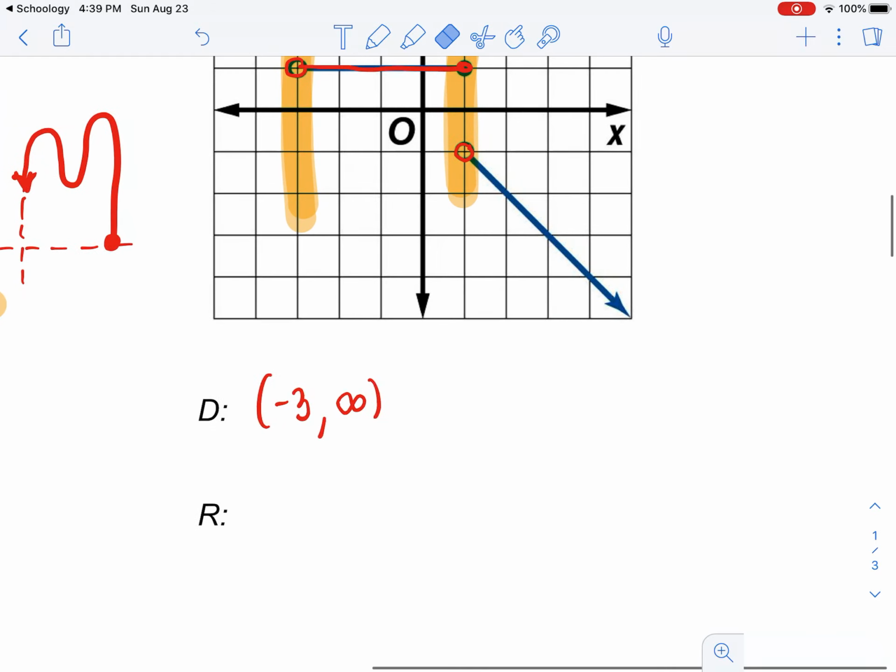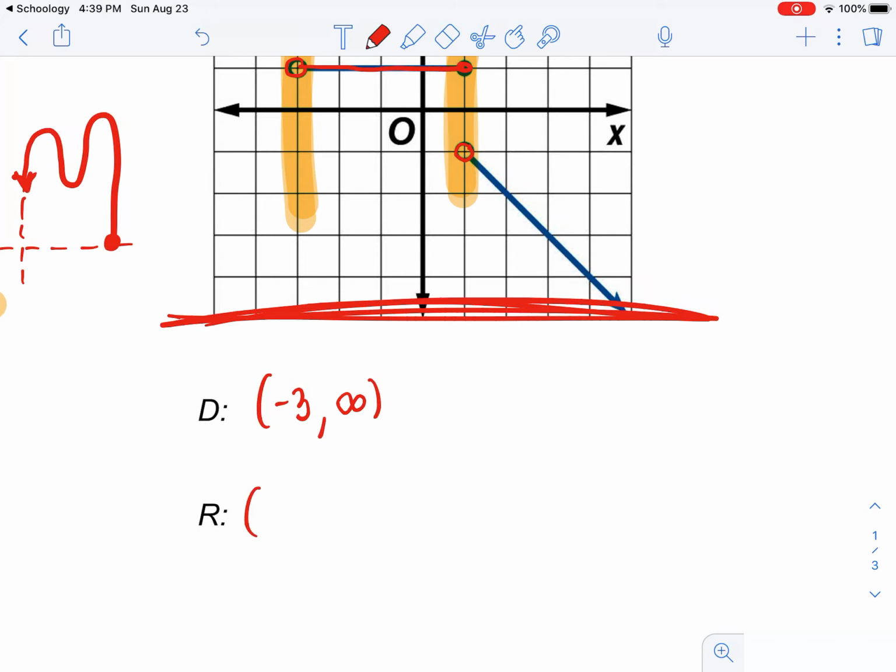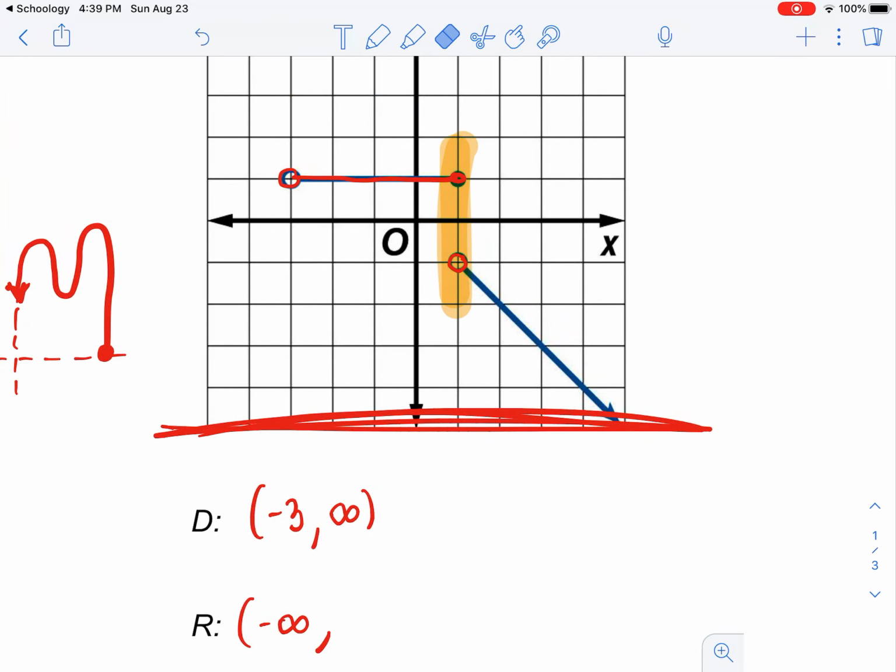All right, last, the range, the lowest the graph goes. That's an arrow, so negative infinity, comma, okay. Let me get these colored parts off here that I still had in there. All right, so then if you look, I'm going to start trying to highlight to show you what I'm trying to say. So the lowest the graph goes is negative infinity, and then it keeps going and going and going.